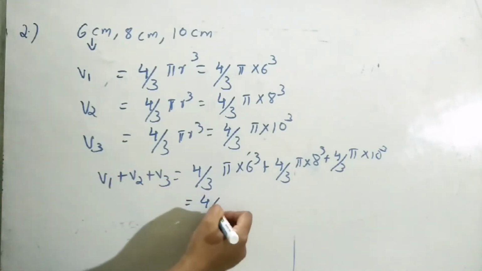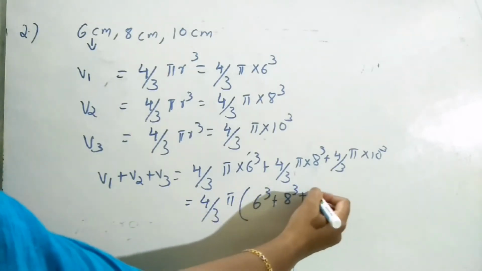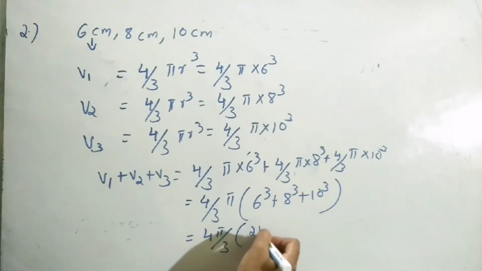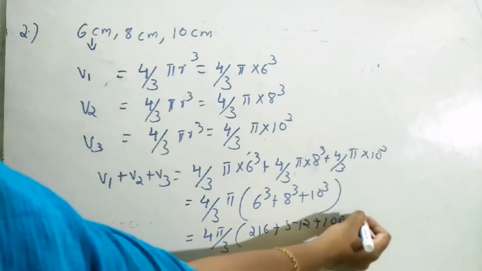Then 4 by 3 pi into 6 cube plus 8 cube plus 10 cube. That is 4 pi by 3 into 6 cube is 216 plus 512 plus 1000.